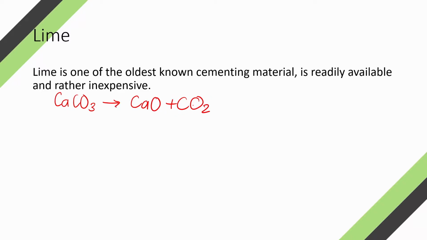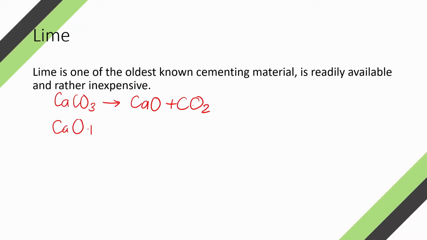So, itong calcium oxide natin, CaO, it is called calcium oxide and sometimes it is also called as quicklime. So, ito yung quicklime natin. Ito yung ginagamit natin na cementing material. So, ito yung dinadagdagan na lang natin ng tubig.